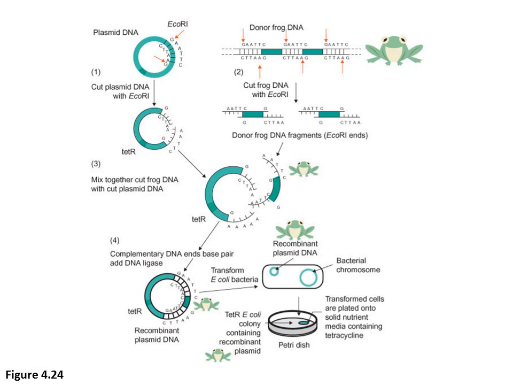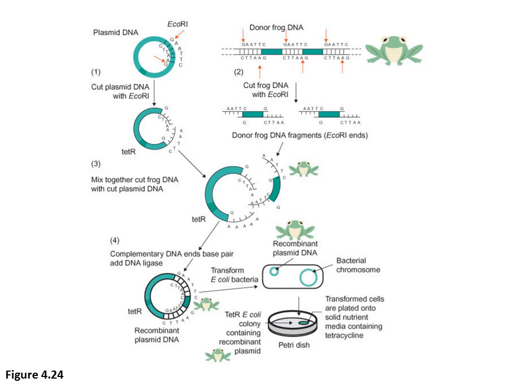Meanwhile, they cut DNA isolated from a frog and they cut that with EcoR1. They then introduced the cut frog DNA with the bacterial plasmid DNA, allowed it to bind, they sealed it up with ligase, and they could then screen for bacteria that only express the tetracycline resistance gene, which means it should also be expressing some frog DNA.